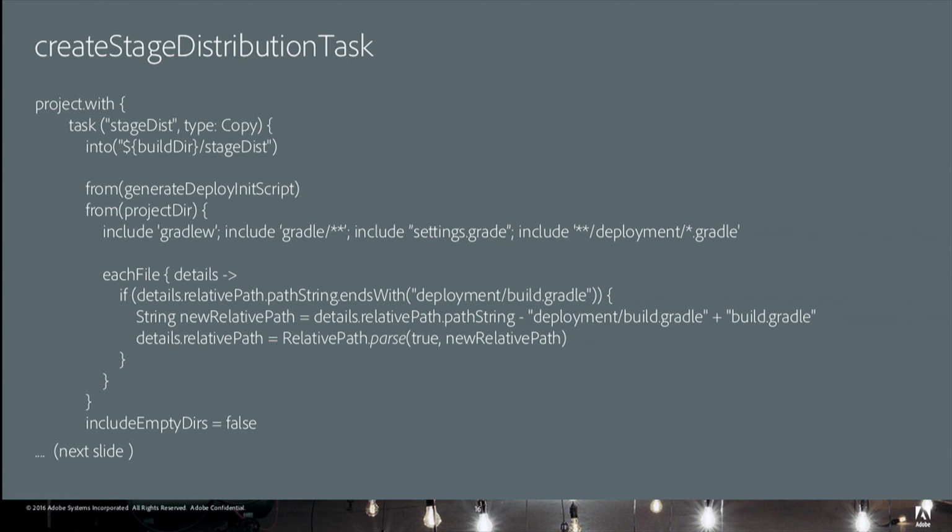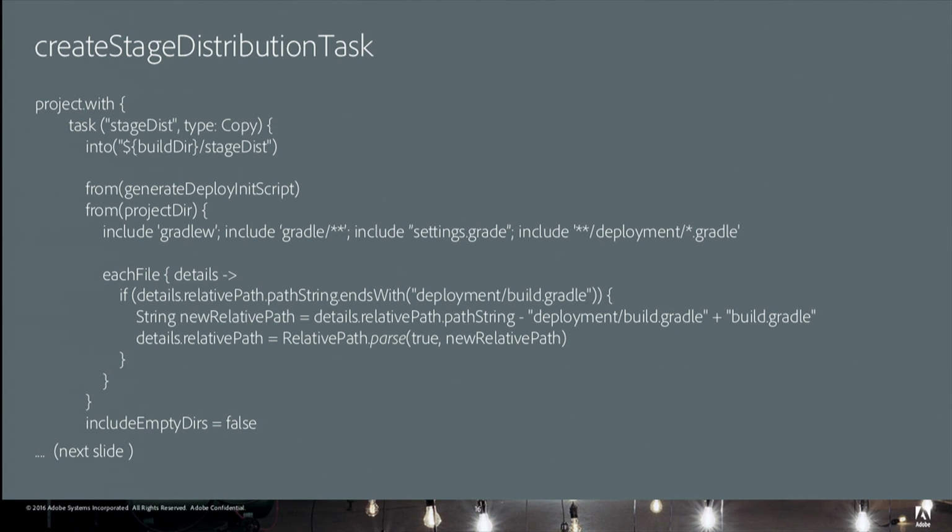And then the stage distribution task would create that stage directory, and I had to collapse some of these includes up there just to make it fit on the slide. But it was creating the stage directory and filtering out.